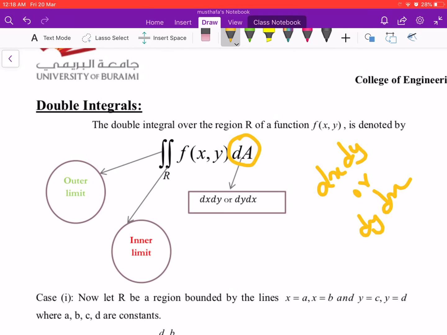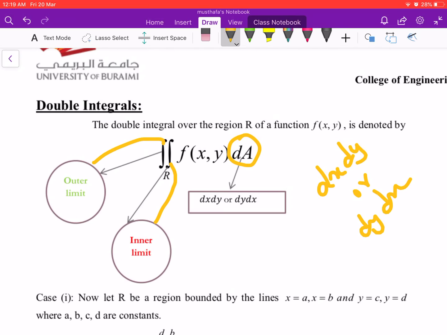As you see, there are two integrals in the definition. So this integral we call an inner integral, and this one we call an outer integral. The limits of the inner integral we call inner limits, and the limits of the outer integral we call outer limits.